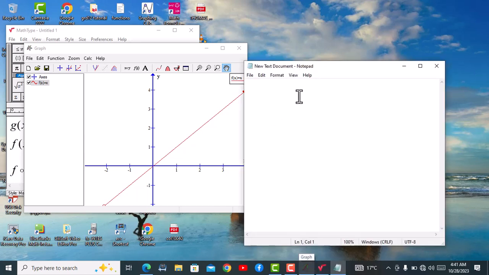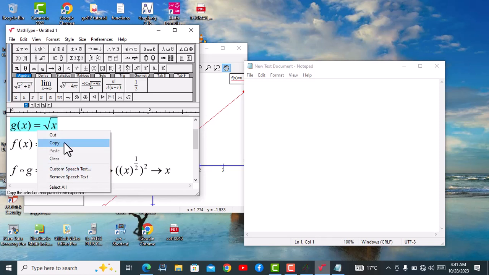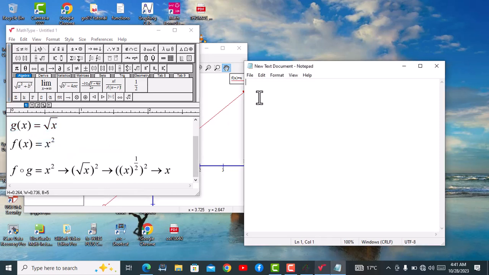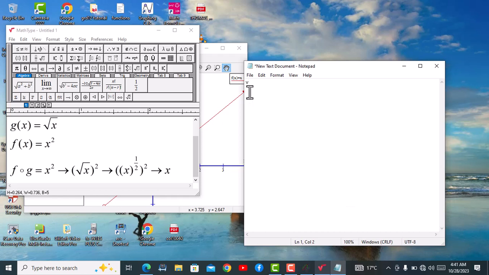Let me just go to a WordPad. There it is. Now remember, we have the square root of x. Okay, let me just copy this and paste it there.